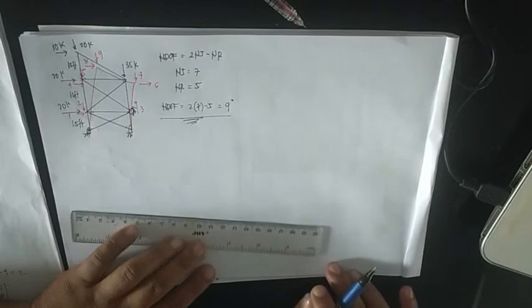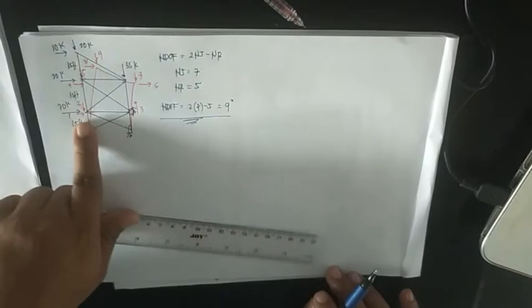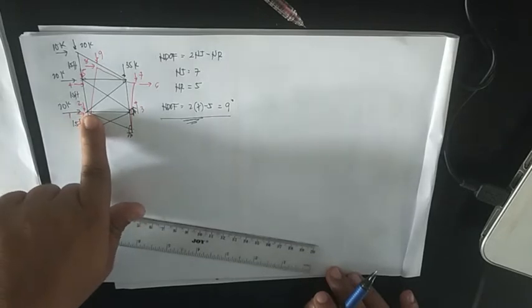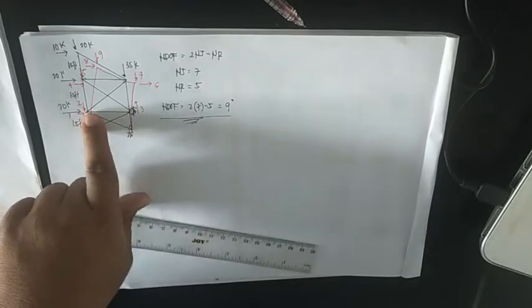So for example here, we have only the load here. We have also loads somewhere here, here, and here. Okay?